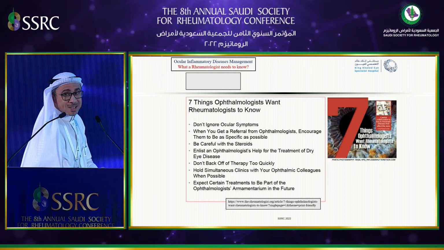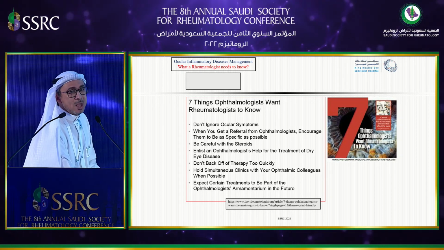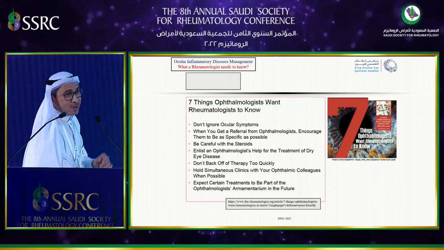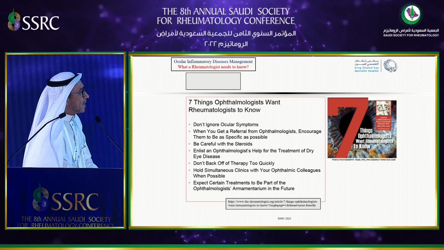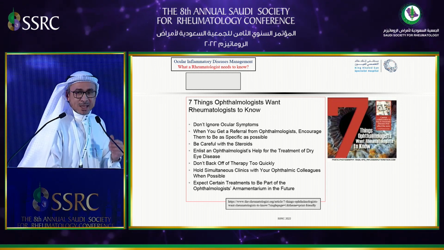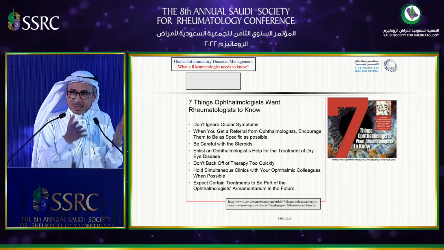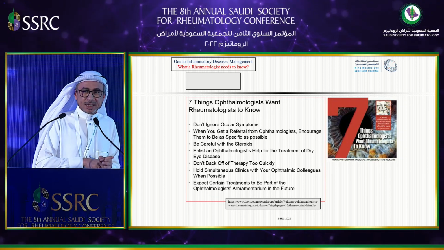Don't back off the therapy too quickly, because this might affect the intraocular inflammation. Hold simultaneous clinics with your ophthalmic colleagues when possible, and expect certain treatments to become part of the ophthalmologist's armamentarium in the future. We are depending on you, and what you are using, you are the experts, and you might help us to preserve our patients' vision.